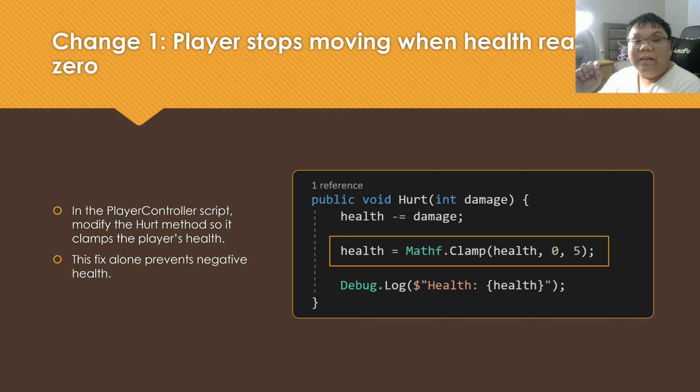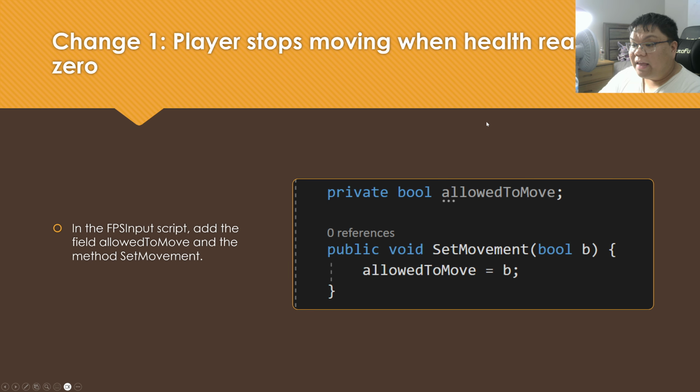So, for us to begin with this modification, first, add this line of code to the hurt method that is in the player controller script. This alone fixes the negative health problem. In the FPS input script, add the following private field, private bool allowed to move, and then add the following method, public void set movement.